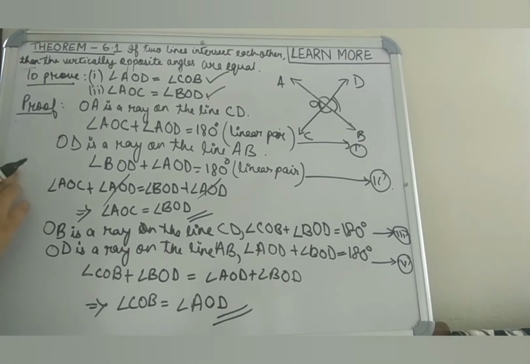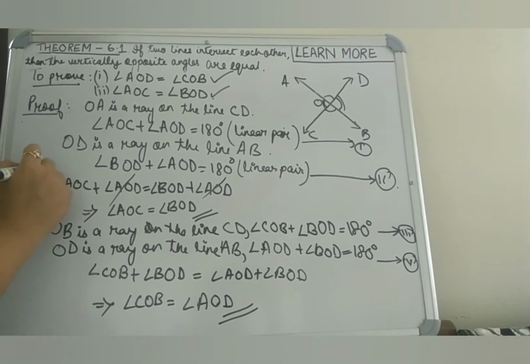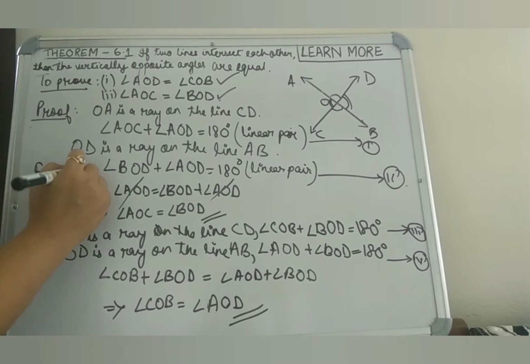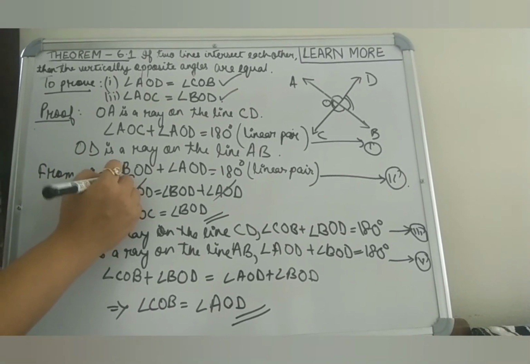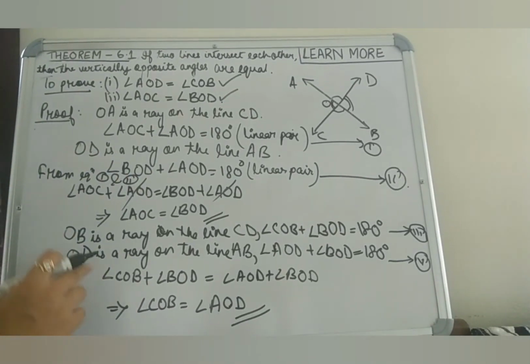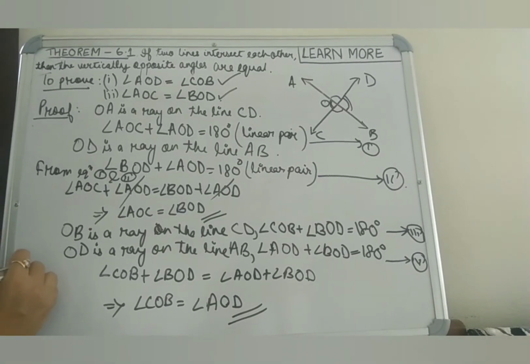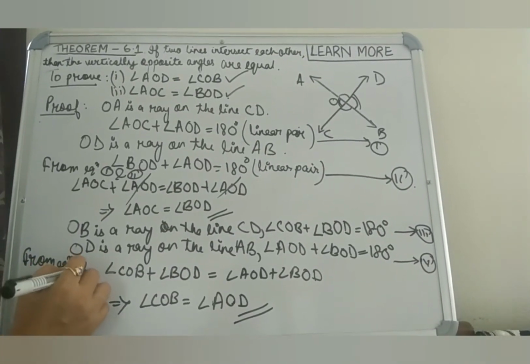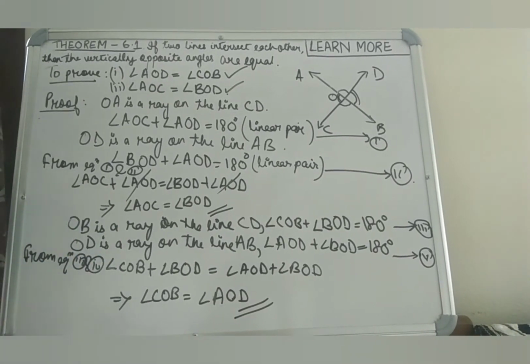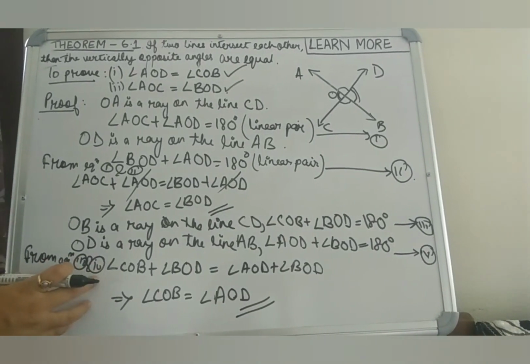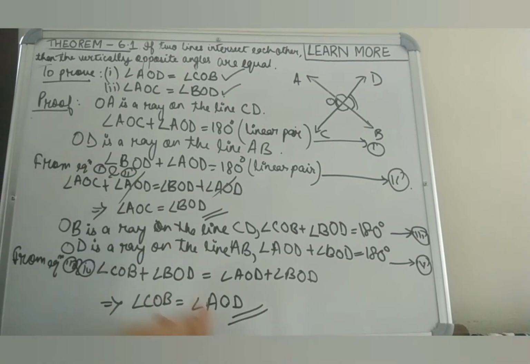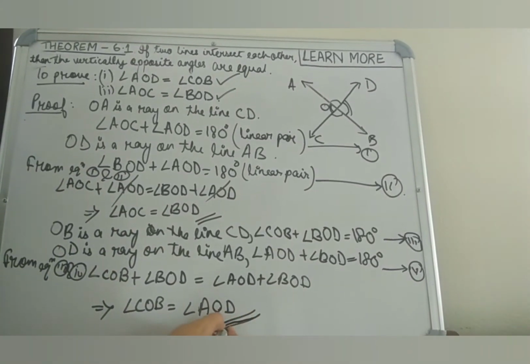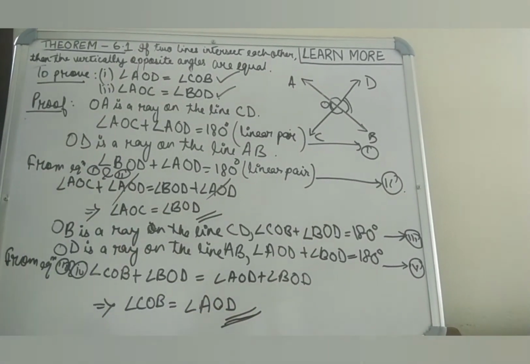Here you can write: from equation 1 and 2. And similarly here you can write: from equation 3 and 4. For your convenience you can write this, and that's all. That's the first theorem today.